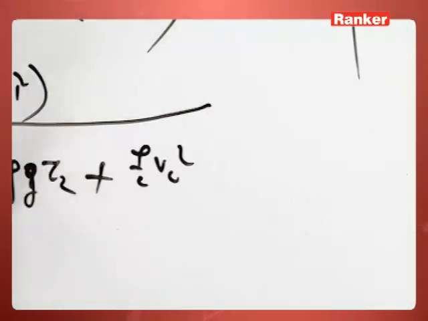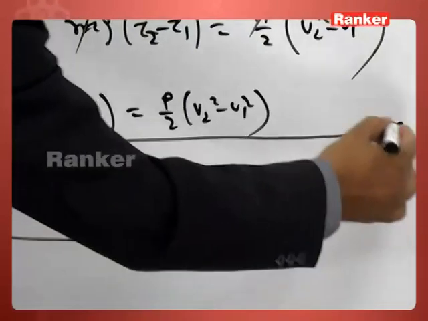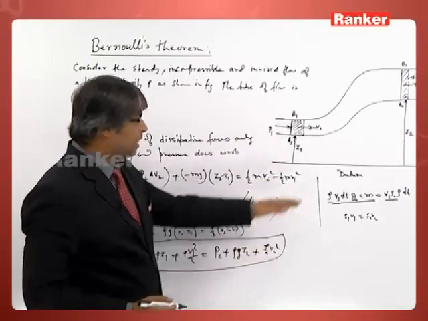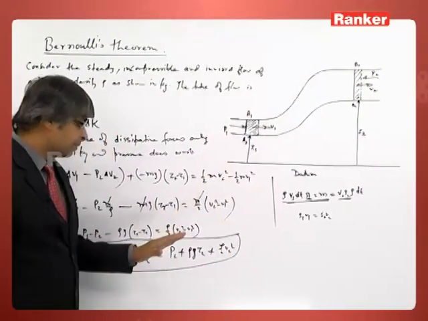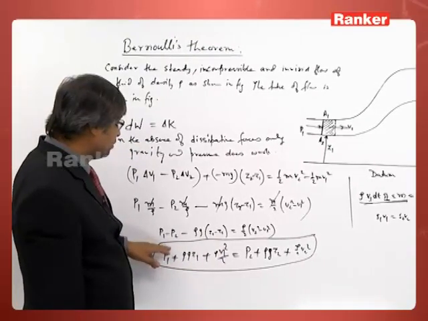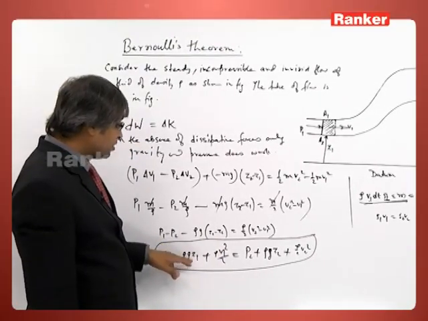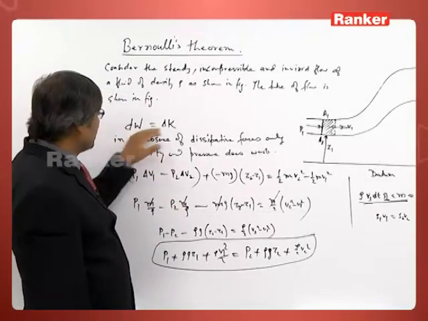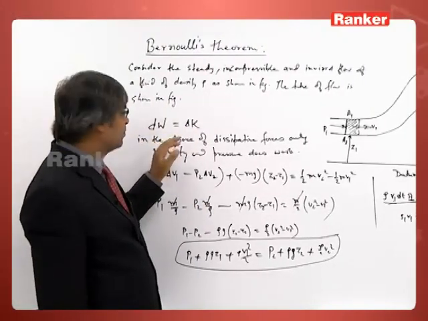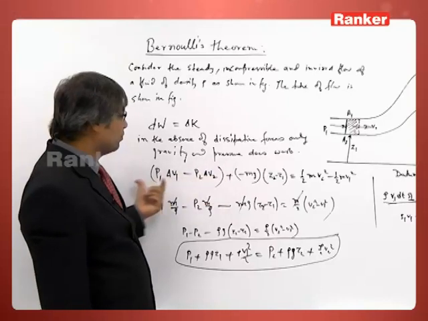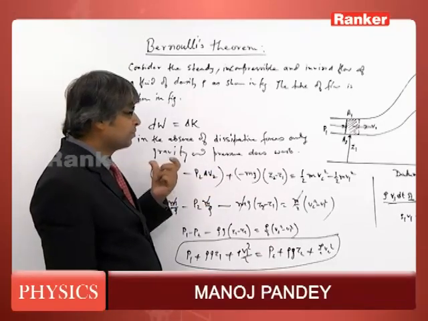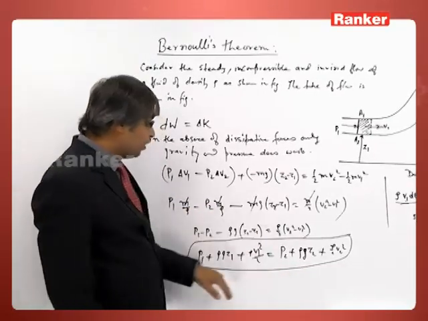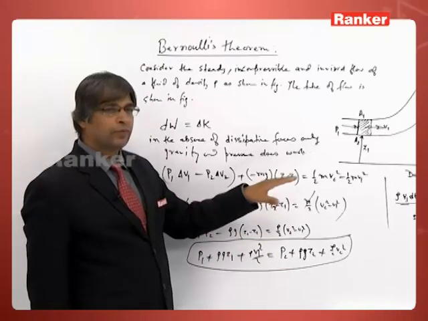So this term at position 1 and at position 2 is the same. What is this term? The pressure energy per unit volume, the potential energy per unit volume and the kinetic energy per unit volume remain constant. That is the work energy theorem for the conservative force, because there is no viscous drag or dissipative force here. Thus Bernoulli's theorem is nothing but the law of conservation of energy applied to fluid flow.